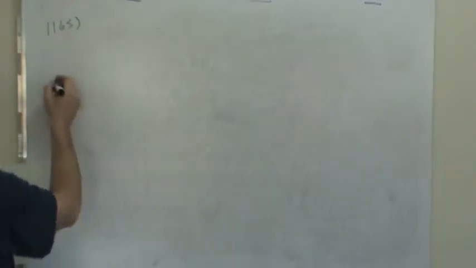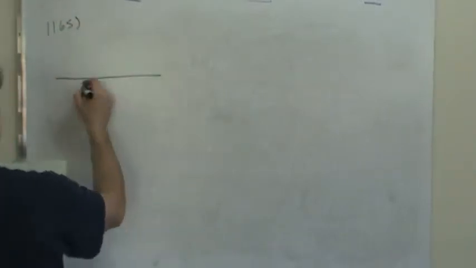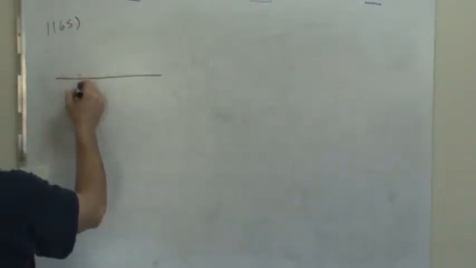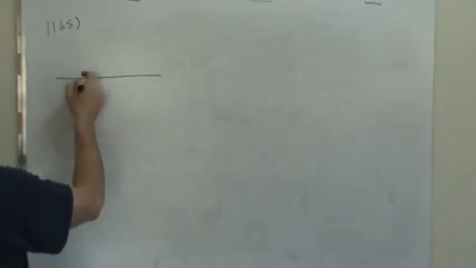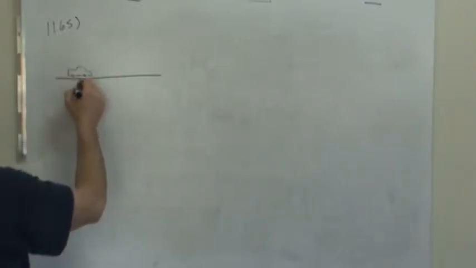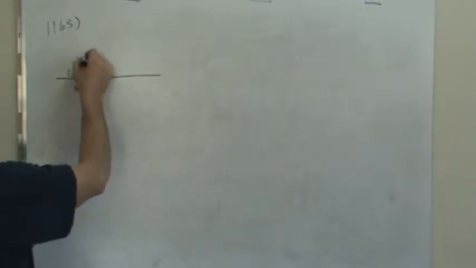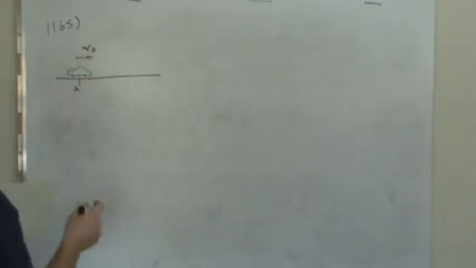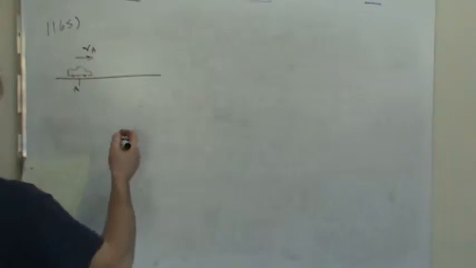Well, let's begin with a sketch of what's going on. Car A has some constant velocity VA.